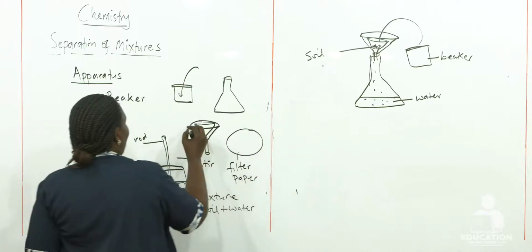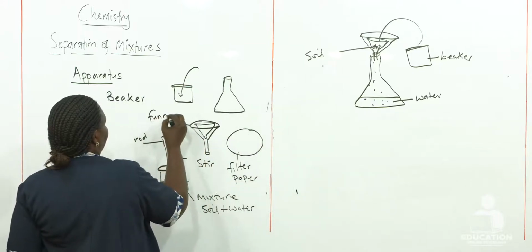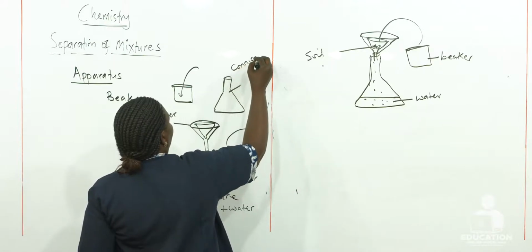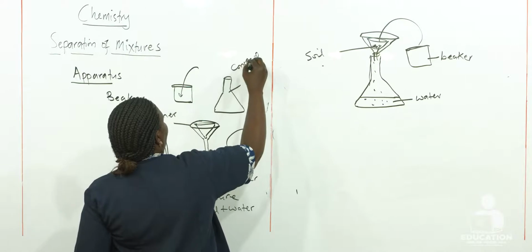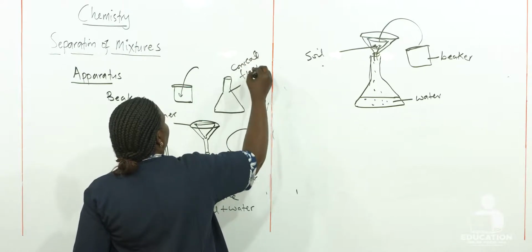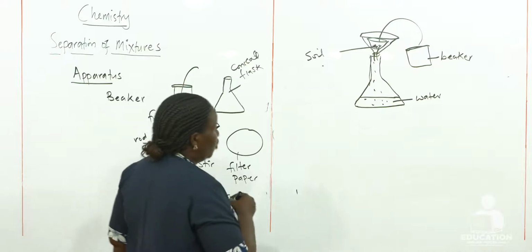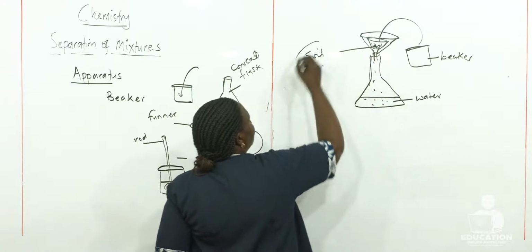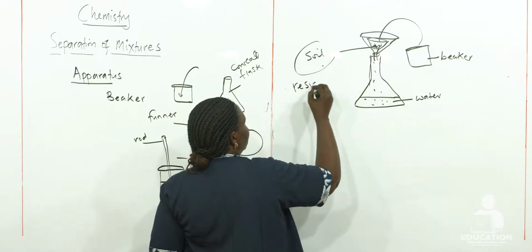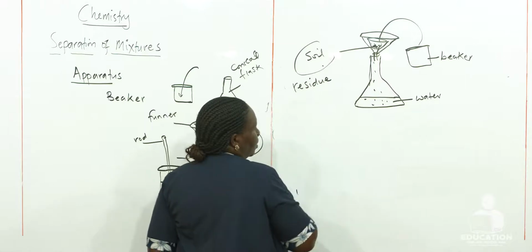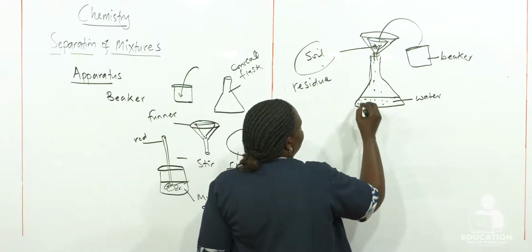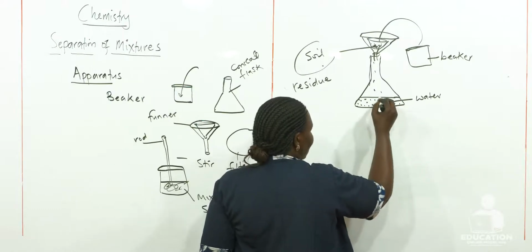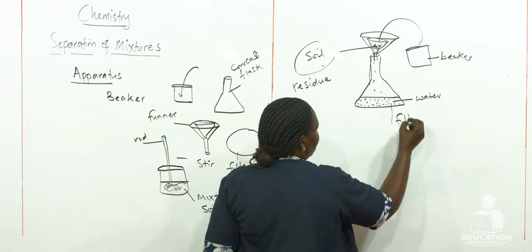This is the funnel, and this is the conical flask. What is left on the filter paper is called the residue. And the water that comes inside the conical flask is called the filtrate.